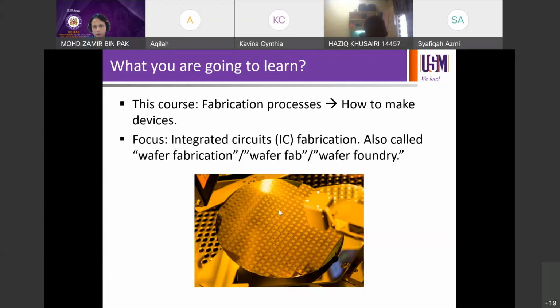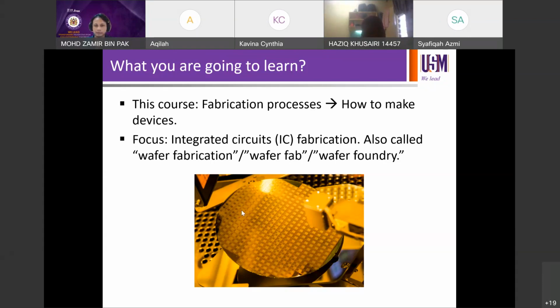Each of these squares or blocks is an integrated circuit. It's a chip. But this single chip may contain up to millions or perhaps billions of transistors that we learned about in the previous semester.